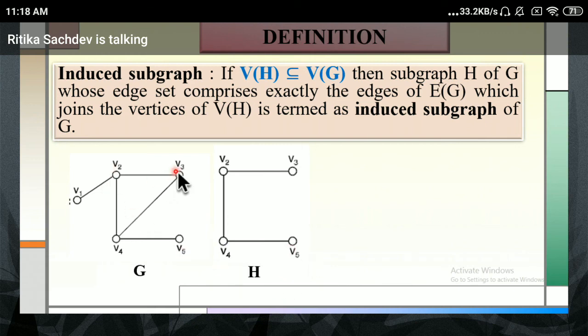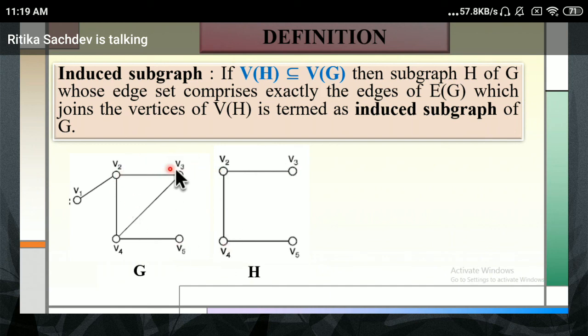Which are those? V2, V3, V4, and V5. So I should first draw V2, V3, V4, and V5. And then check. V2 is connected to how many vertices? V2 is connected to V1, V3, and V4. But V1 is not there in my H. So I'll be connecting V2 to V3 and V2 to V4.